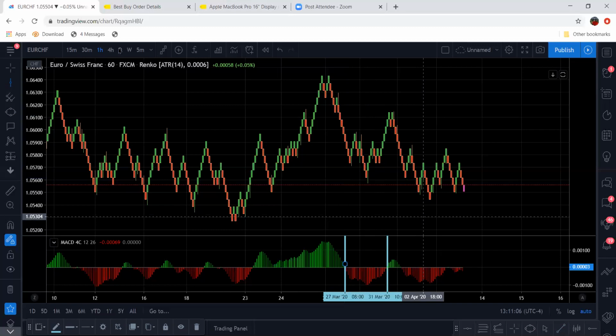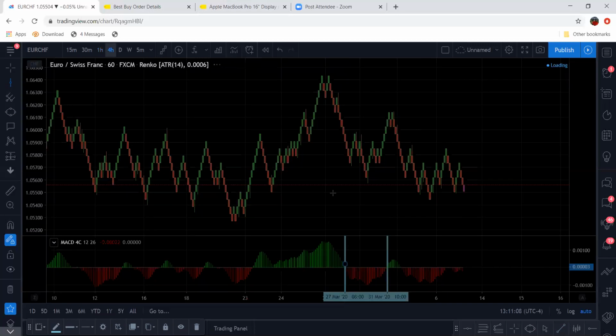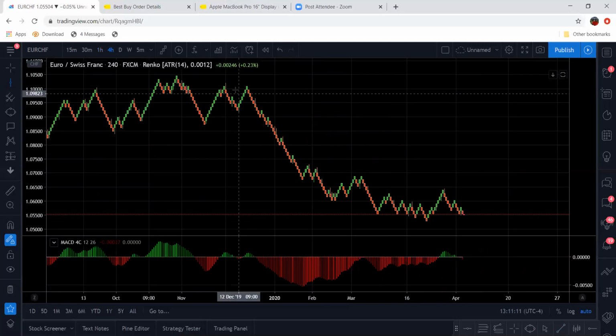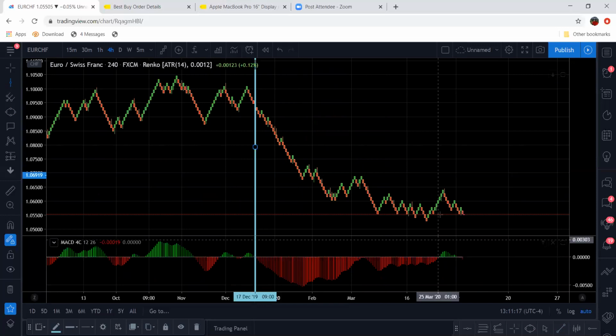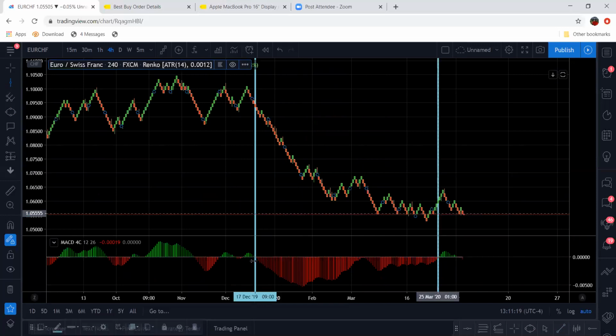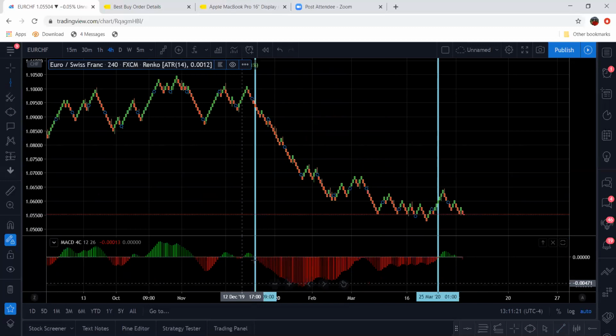All right. The higher up you go, the longer the wait period. See this? Look at this. 4 hour time frame. The downtrend began here, and it didn't retest until here. Look at that. The downtrend basically started at the end of December, and it didn't retest until March. So the higher up you go, the longer the wait period.